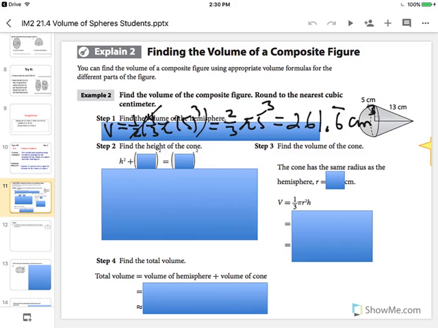Right, so for number 2, to find the volume of a cone, first we need to find out what the height is. This forms a right triangle, so we can find the height by using the Pythagorean theorem. So this gives us 5 squared plus the height squared equals 13 squared.